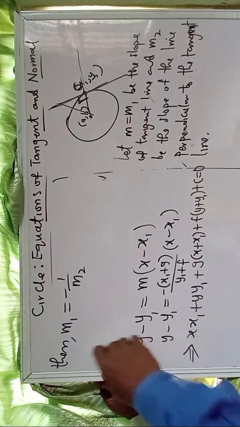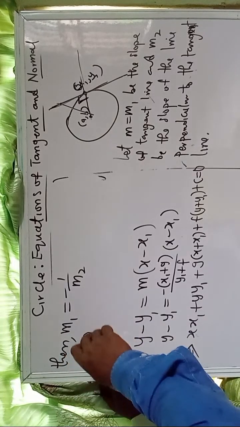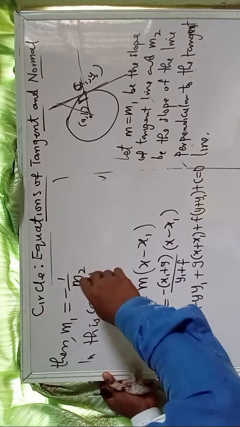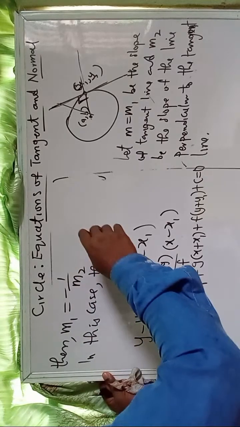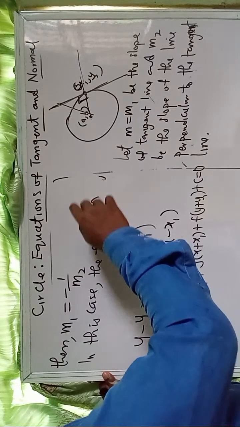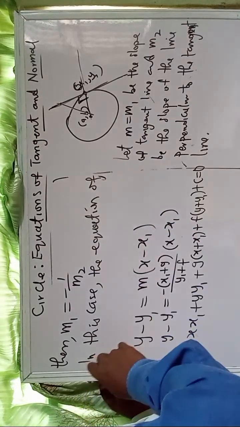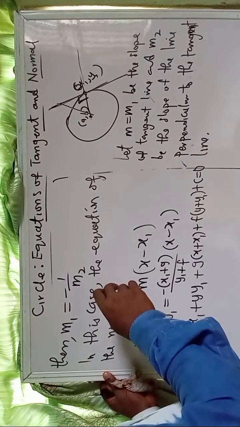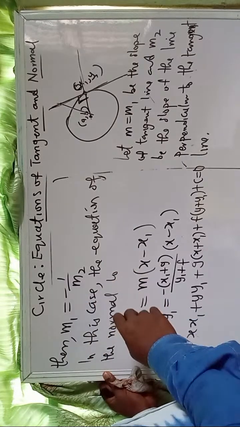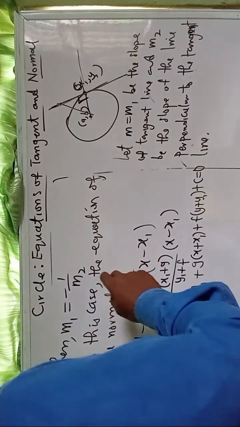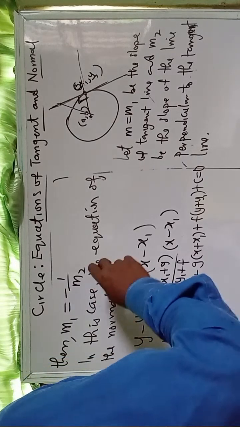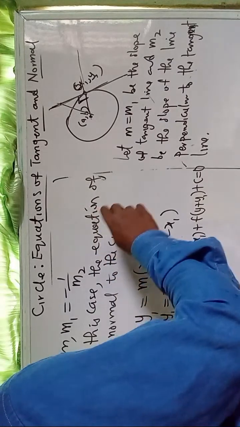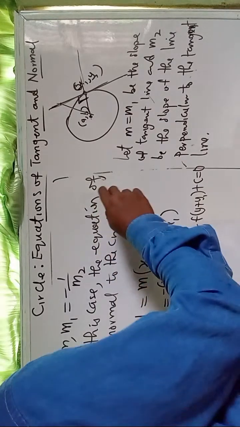Okay, so in this case, the equation of the normal to the circle at x1, y1 will be something like this also.